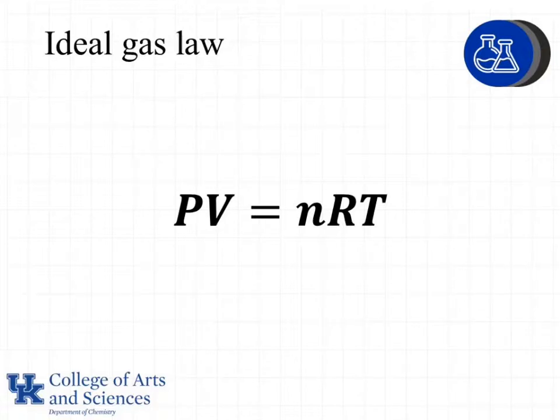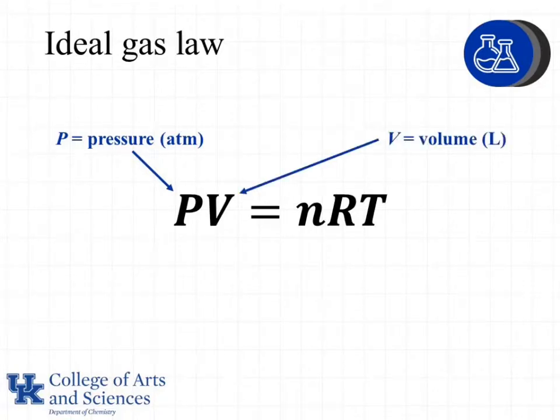First, we need to identify all of the variables in the ideal gas law as well as the units typically used for those values. First, we're going to look at the pressure, and that's in units of atmospheres or ATM. Next, we have the volume, which has units of liters. N represents moles of our sample.